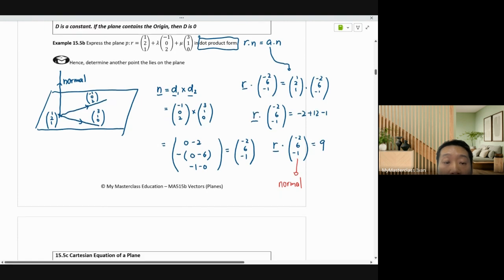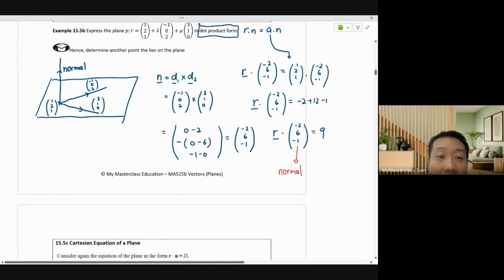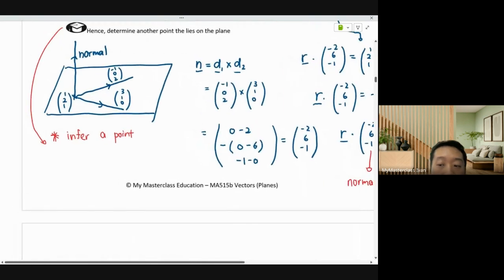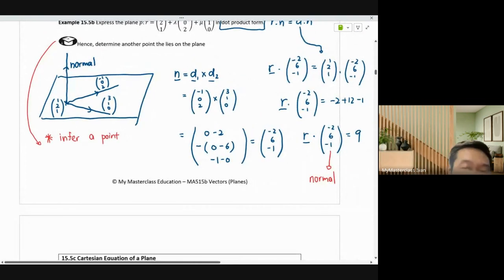Yeah, sorry. Okay, now, this determine another point. Make sure you have space for this. Put a star down here. Infer a point. It's a very important skill that you must know. Okay, so for example, if I write down r dot minus 2, 6, minus 1 equals to 9.